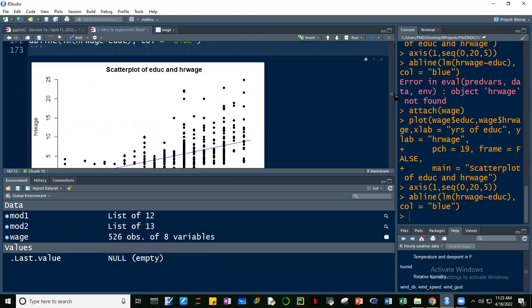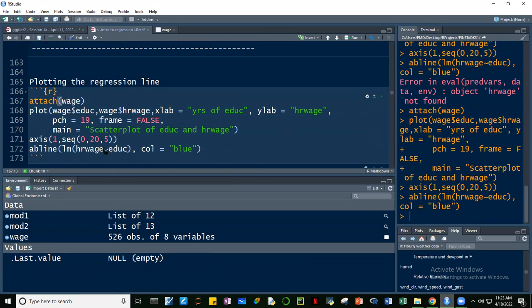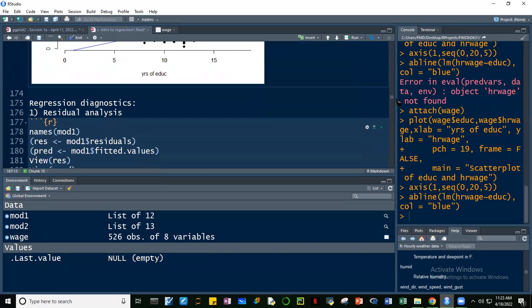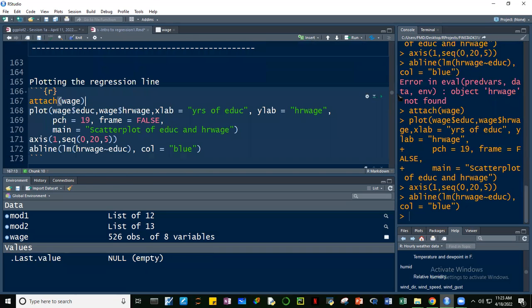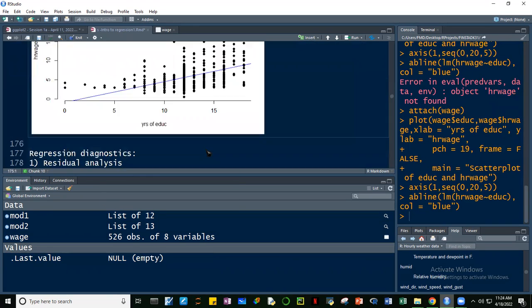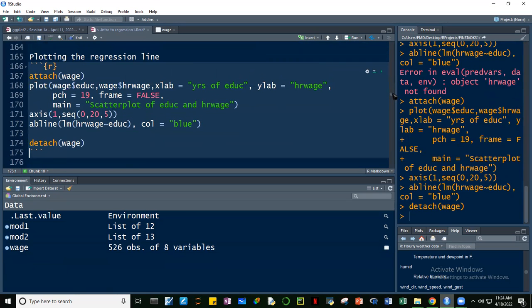Kasi naintindihan na ni R kung sino tong hourly wage na to. All right. So let me just detach ko na lang ulit si wage. Detach wage. Okay.